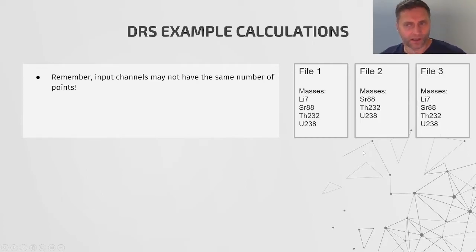Now, the reason why iolite allows that and doesn't call that an error is because this channel that's been omitted might just be monitoring some interference or some unimportant value, and as long as it's not needed to calculate all of the rest of the results, it can be omitted and iolite won't report that as an error. But it does have the effect that the lithium-7 channel will have fewer points in it than the other 3 channels because it'll be missing all the points that are in this second file. So we can't assume that all input channels have the same number of points.